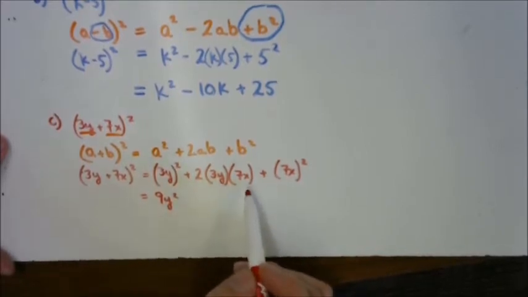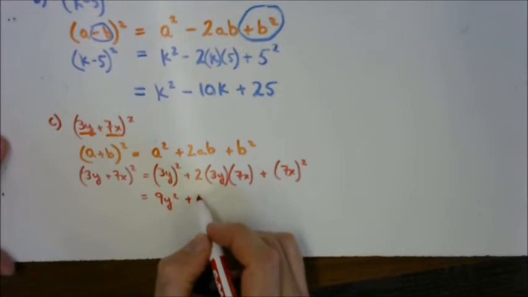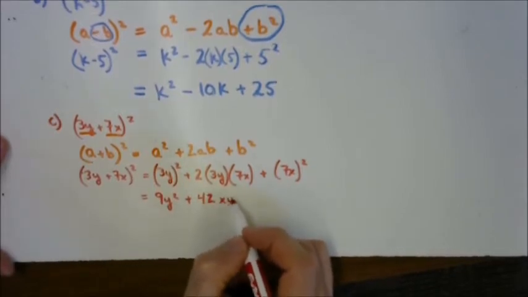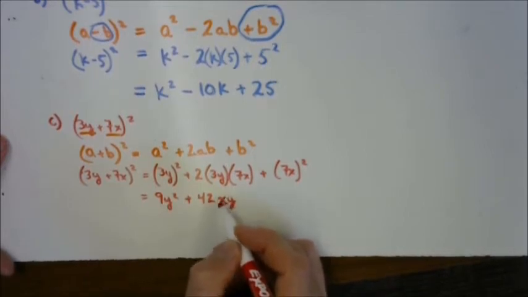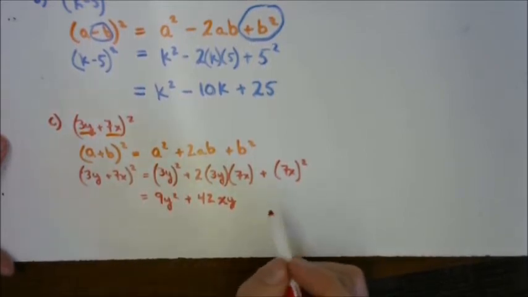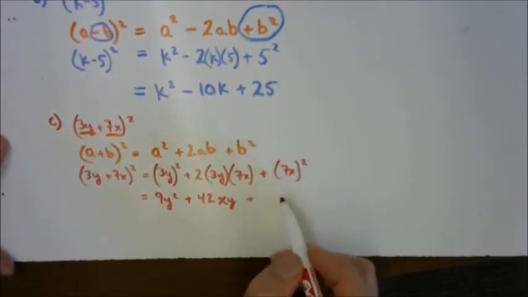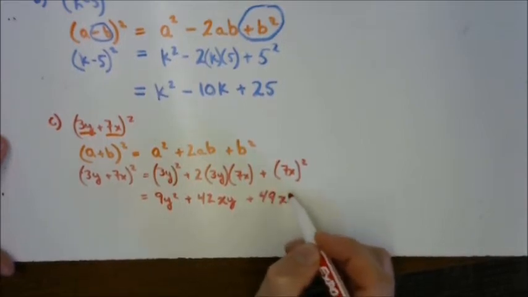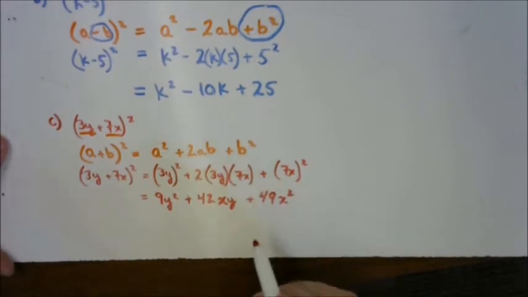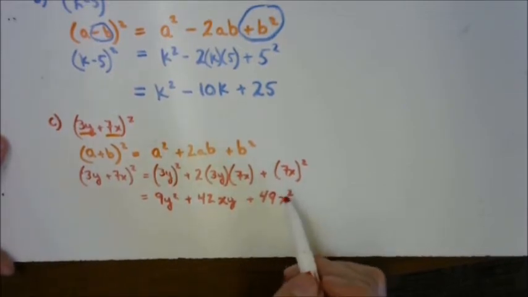And then you have times x times y. So you'd be at 42xy. Make sure your x doesn't look like a multiplication sign or you'll lose it. (7x) squared? 49x squared. Yep, x times x, because it's a square.